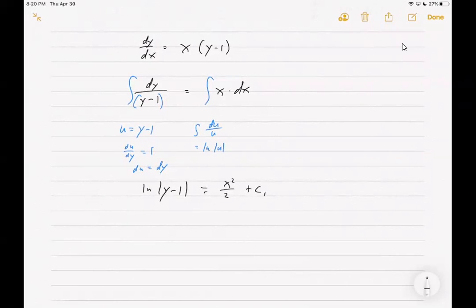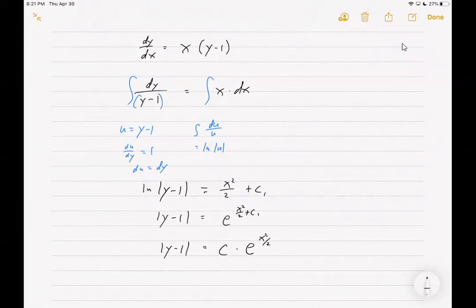All right. Now, if you didn't get that far, stop and see if you can finish this problem by exponentiating. Okay, we'll have absolute value of y minus 1 is equal to e raised to the x squared over 2 plus c1. And like I said in the last problem, you can now say c times e to the x squared over 2.